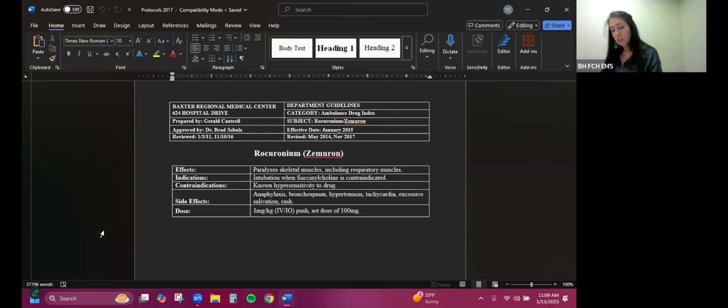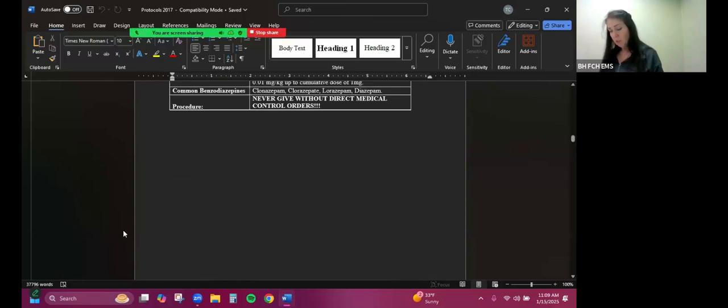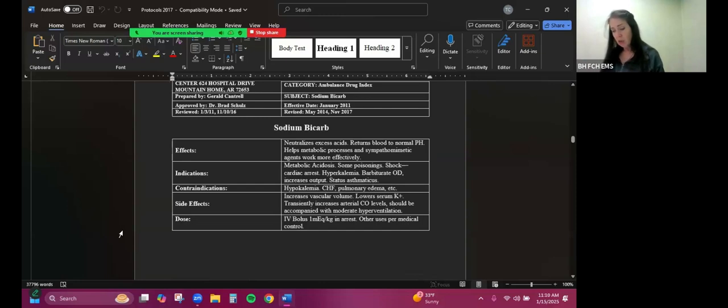You don't want to give it in those cases. Your adult dosage is 0.2 milligrams IV push over 15 to 30 seconds. Sodium bicarb, we've done. We've got succinylcholine. Our dose for that will be 150 IV push over 10 to 30 seconds, and it is used when you're going to do your intubations, RSI. You can read the contraindications later.